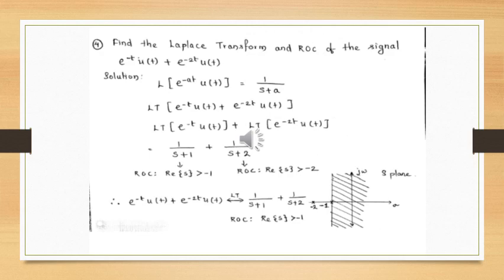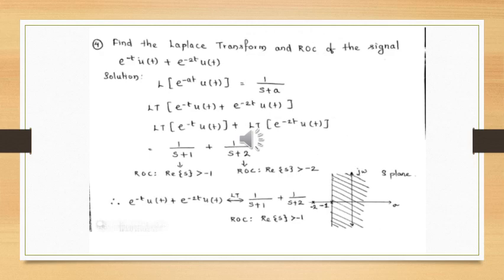Now, in order to find the ROC of the complete signal, first draw the S-plane. For the first term, we have real of s greater than minus 1. So draw a pole at minus 1, draw a line passing through it, and the shaded region is drawn towards right side from this pole. For the second signal, we have real of s greater than minus 2. So draw a pole at minus 2.